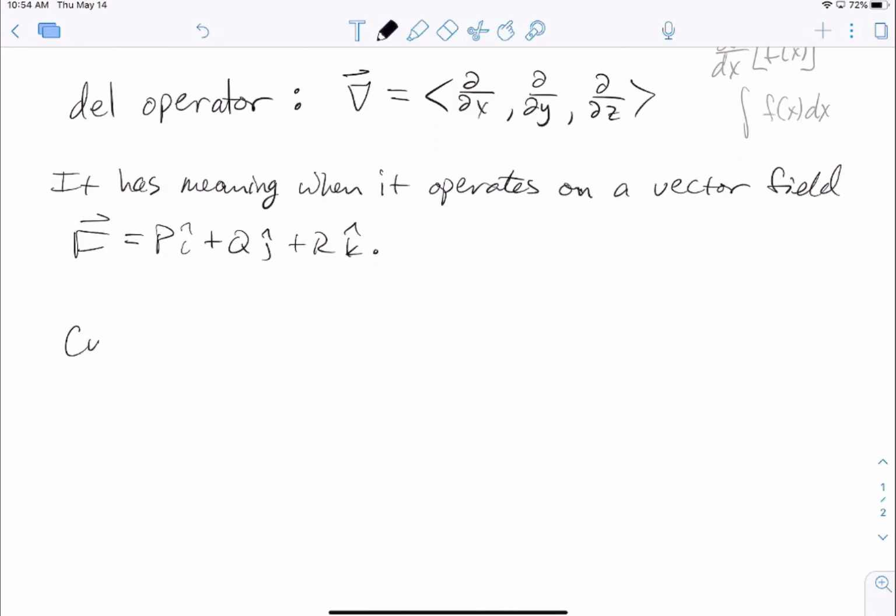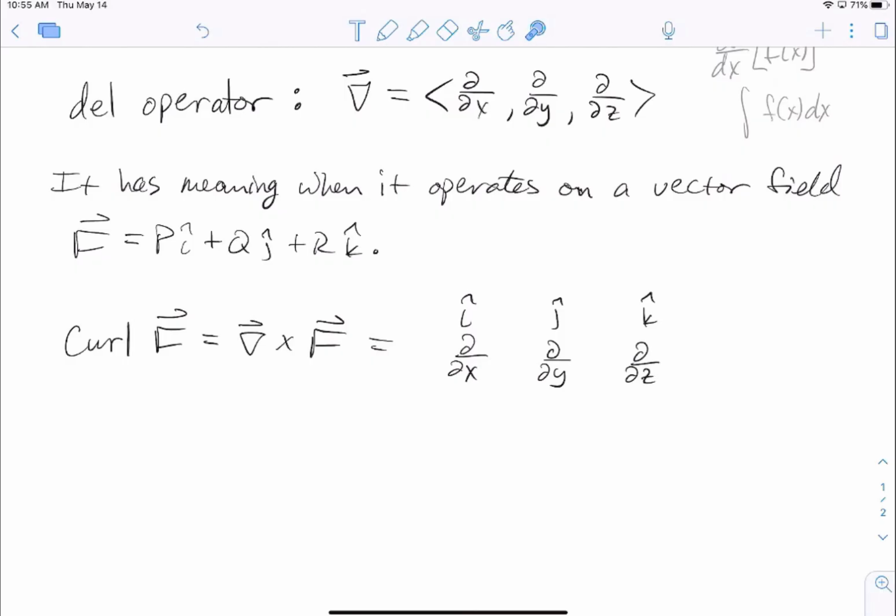The first one is called the curl of F. It's denoted by del cross F and is equal to the determinant that has as its first row i, j, k. The second row is these partial derivative operators: partial with respect to x, partial with respect to y, partial with respect to z.